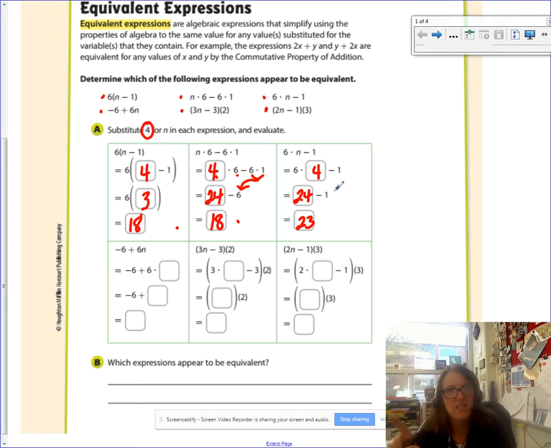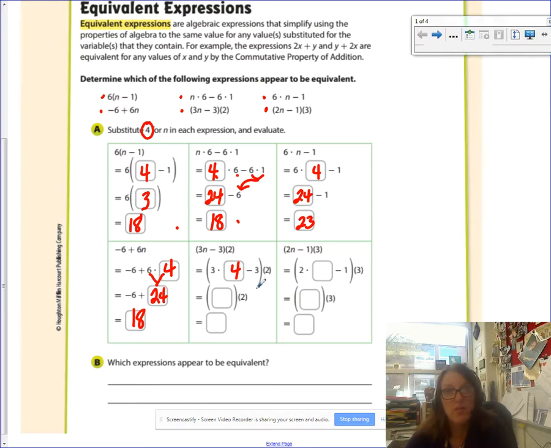This guy is an oddball. Let's keep evaluating some of the rest of these. Substitute 4. Now I have negative 6, but I have to multiply first. Okay, so that gives me 24. A negative 6 plus 24 is indeed 18 again. Substitute a 4 in here.